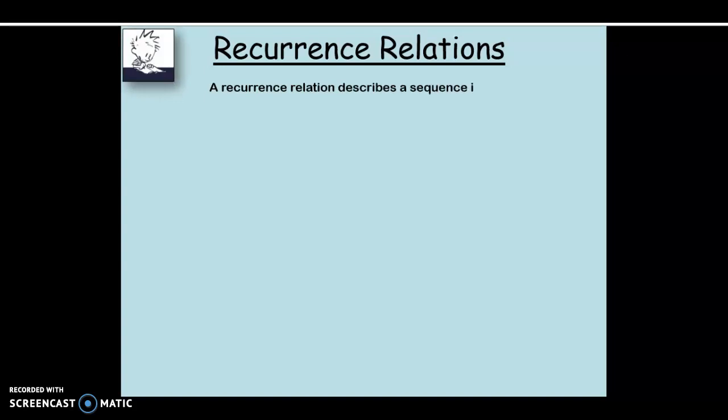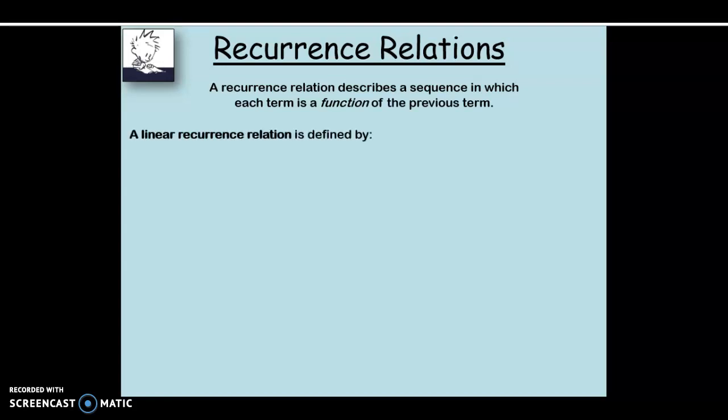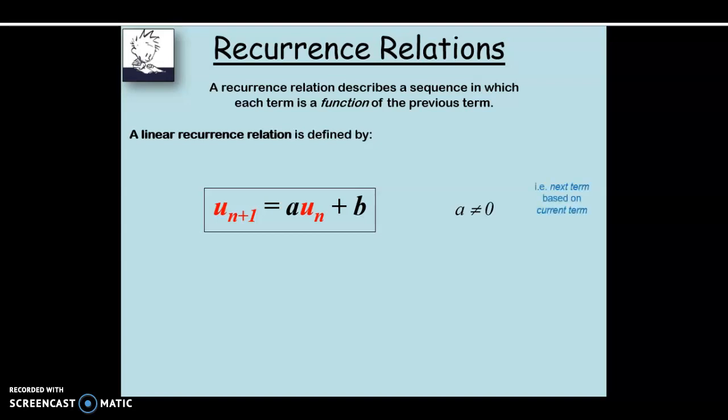So if we look at this here, a recurrence relation describes a sequence in which each term is a function of the previous term. So a linear recurrence relation is defined by this. This is your general formula or format for a recurrence relation. So here we know we're looking for the next term based on the current term.